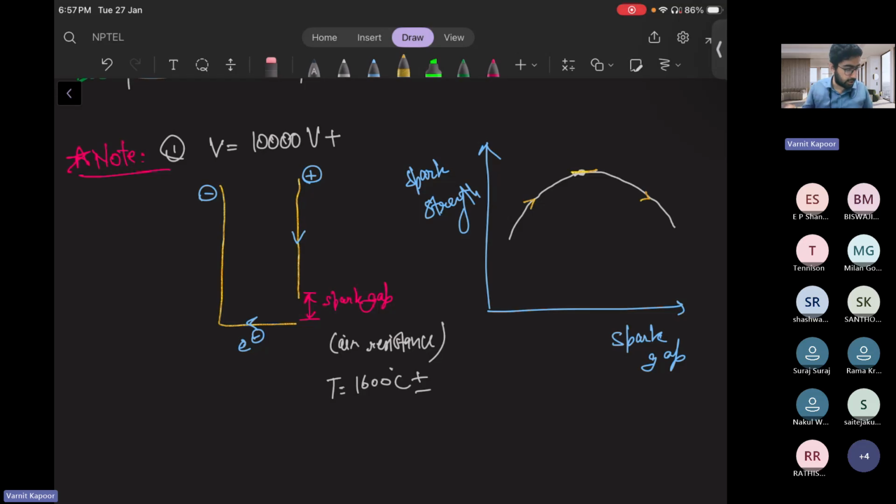These are basically super alloys, which can handle such high temperature and voltage scenarios. So it is made of nickel or platinum alloys.